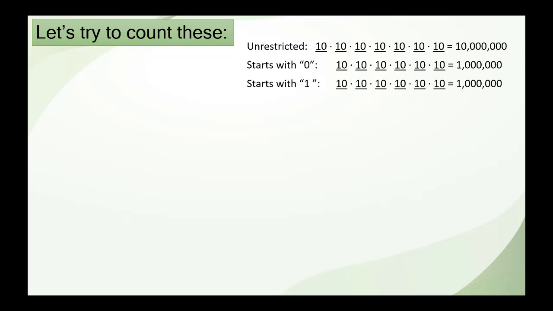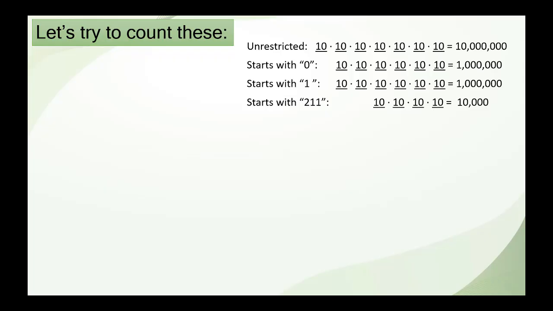But let's also incorporate all the other restrictions. If your phone number started with 211, that means you would only be picking the last 4 digits. So 10 times 10 times 10 times 10 is 10,000. So there would be 10,000 numbers that would have started with 211.